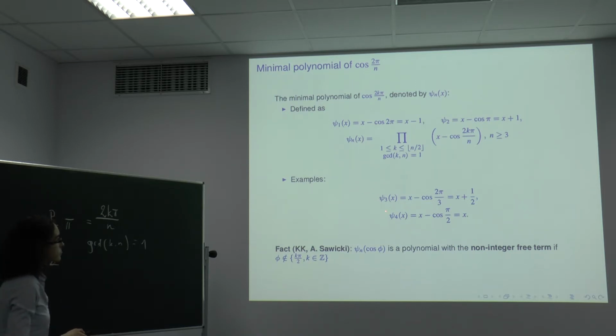Other examples of these minimal polynomials that can be written by hand are the minimal polynomials for n equal to 3 or n equal to 4. For larger values of n, it is much more difficult to find the explicit form. However, there are formulae that make them dependent on Chebyshev polynomials. So for every n, we can find the explicit form of psi n.